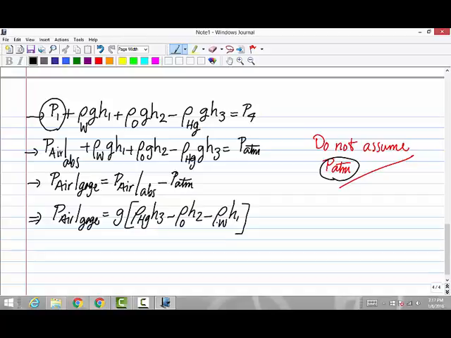Great. Now all we need to do is substitute the values for all these parameters.